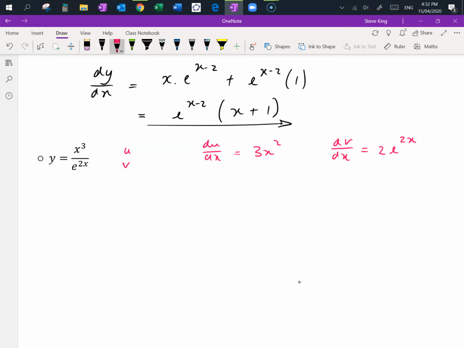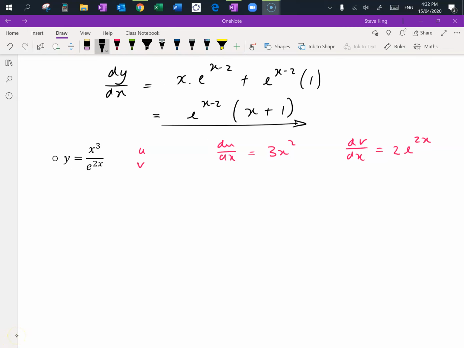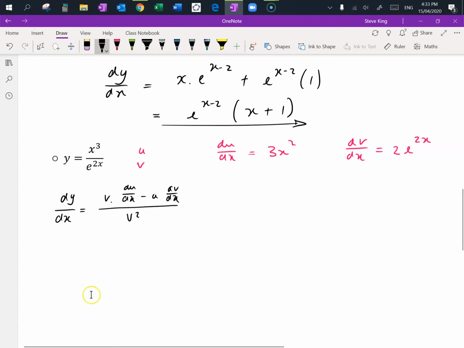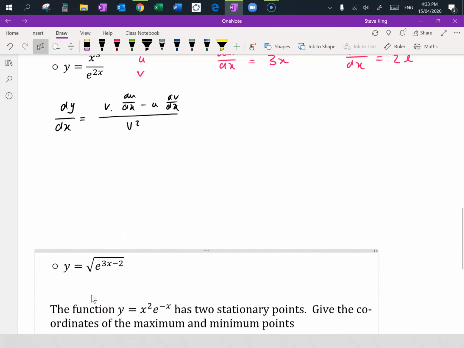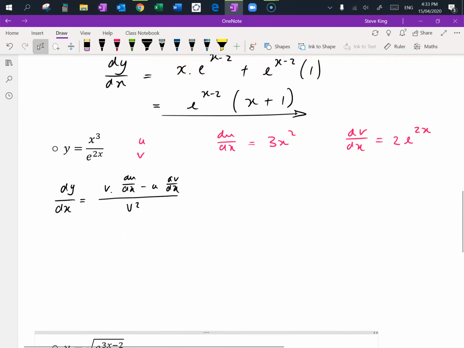Now we've got to make sure that we get this in the right order. If we look at the formula sheet for a quotient, it is going to be v times du dx minus u times dv dx all over v squared. So we now need to apply what we've got here.